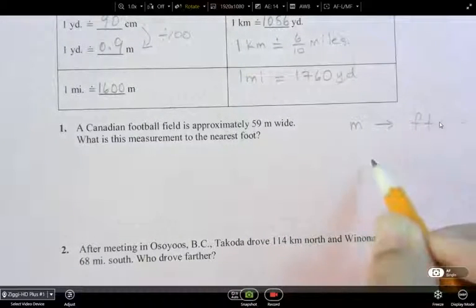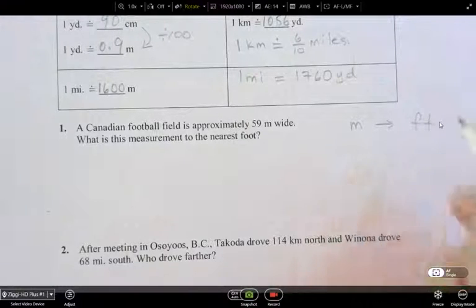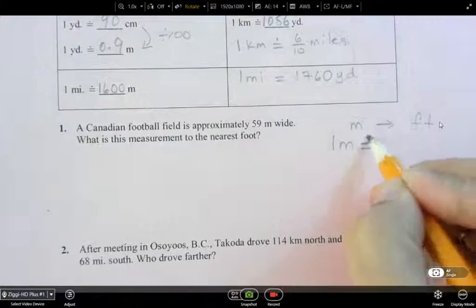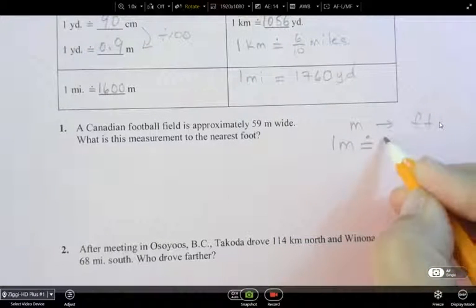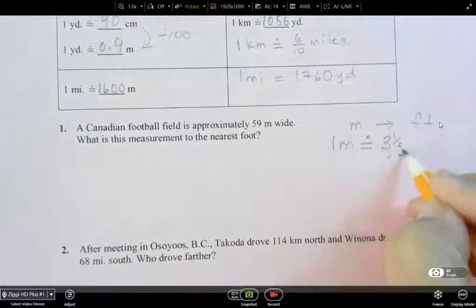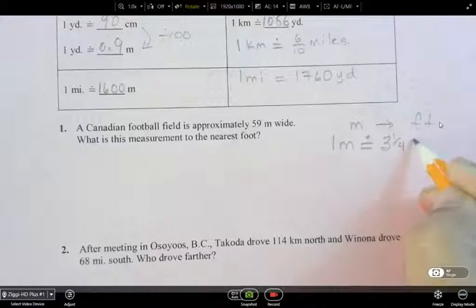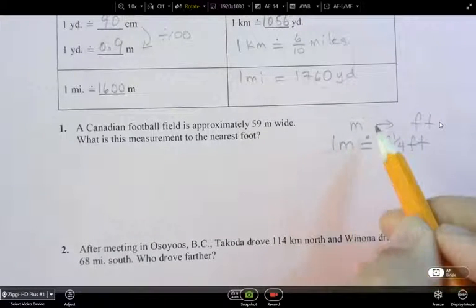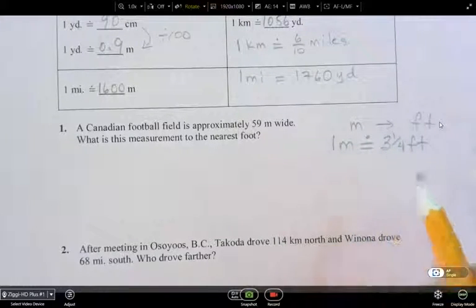What's the conversion that I have on my chart? I have 1 meter is approximately equal to 3 and a quarter feet. So this is the conversion that I'm using. You must write this out in your solution.